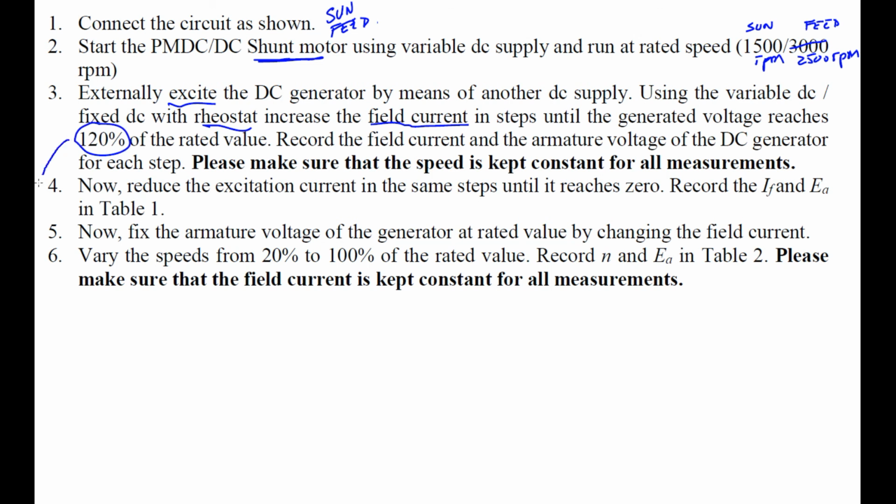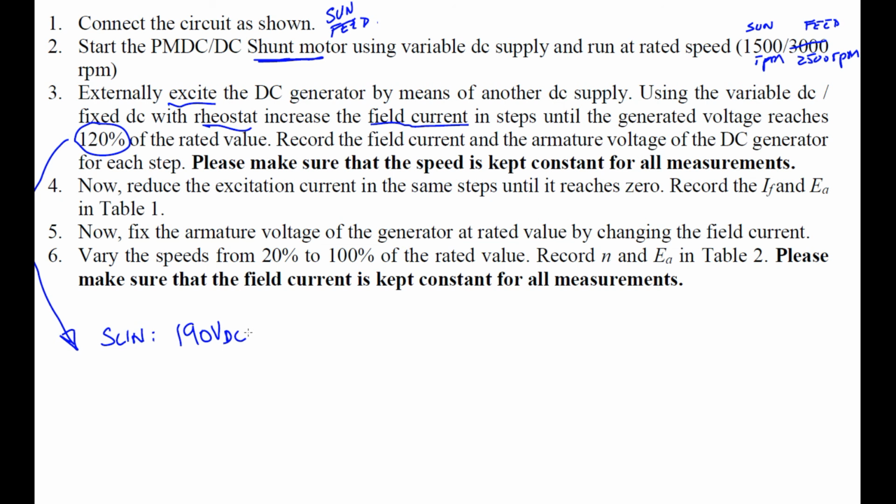According to the nameplate for the sun generator, the nominal voltage is 190 volts DC. That's the rated voltage.